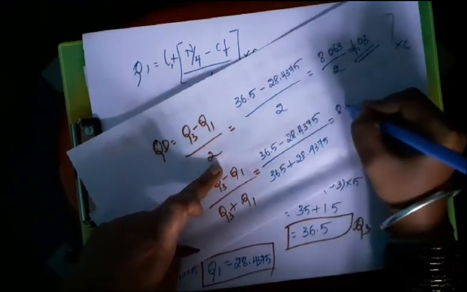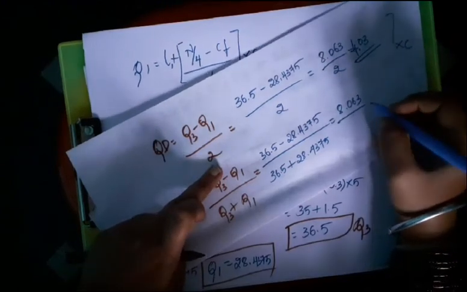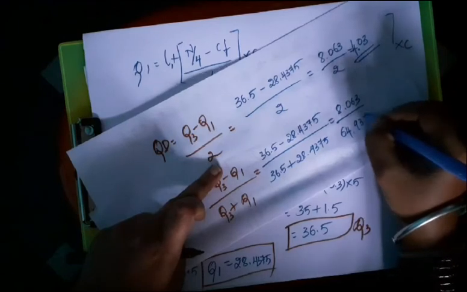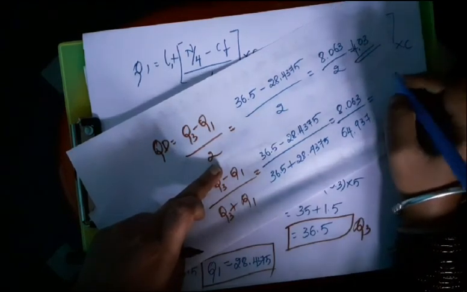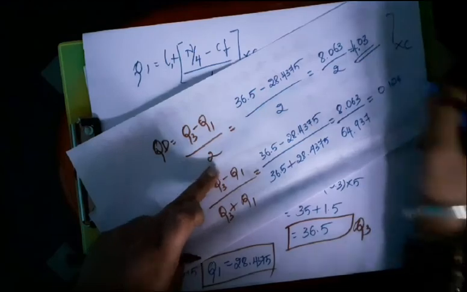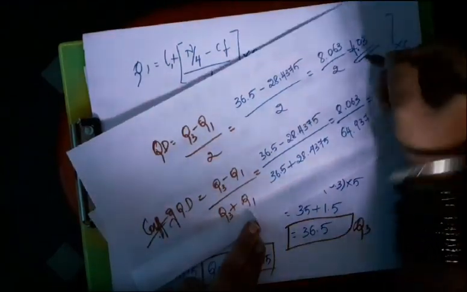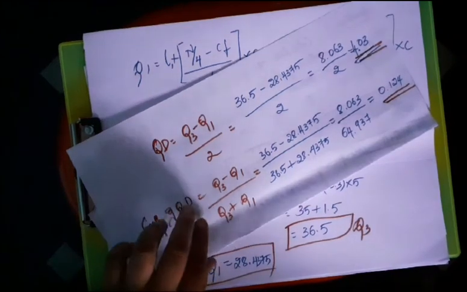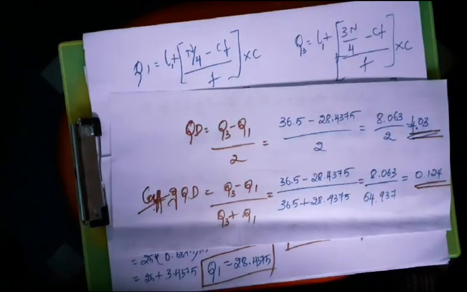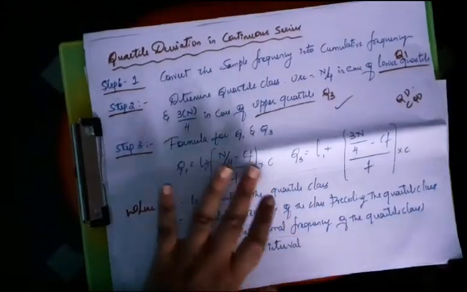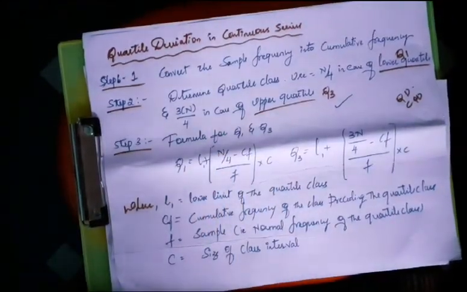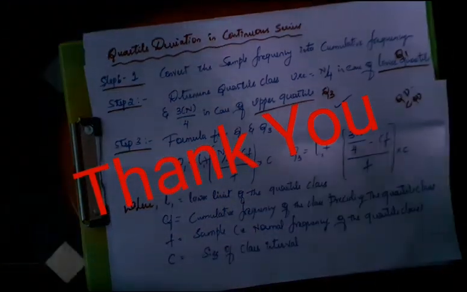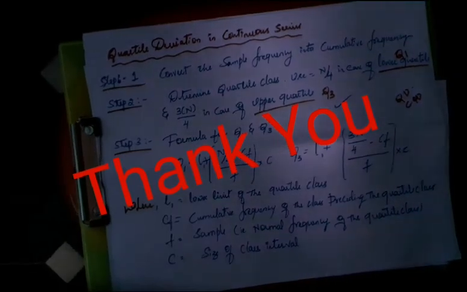That equals 8.063 divided by 64.937, which is 0.124. This is your coefficient of quartile deviation and this is the quartile deviation answer. This is how you have to calculate the sum under continuous series, the calculation of quartile deviation under continuous series. Hope you are able to solve the sums based on the example we discussed today. Thank you.